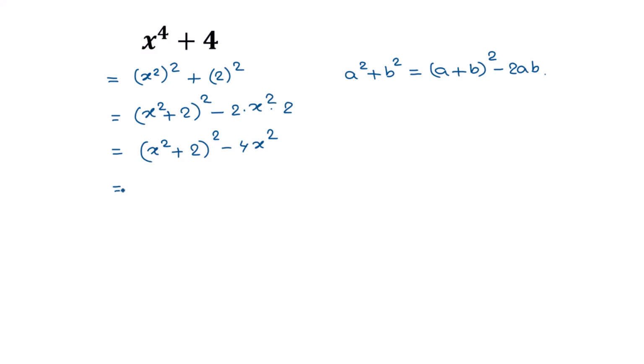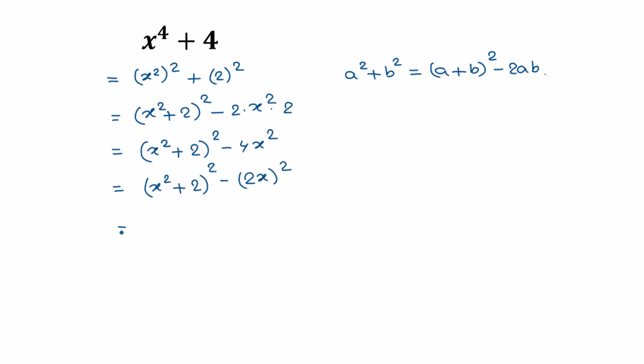Is equal to x square plus 2 whole square minus 4x square. It can be written as twice x whole square, since 2 square is 4 and this x square.